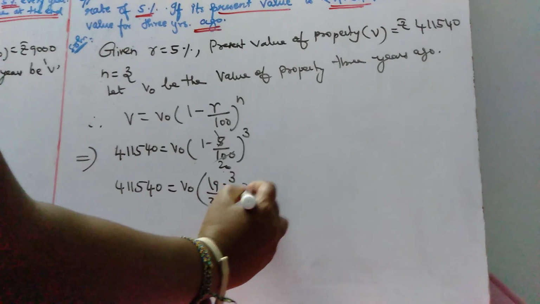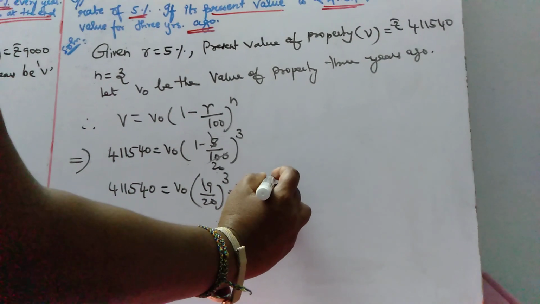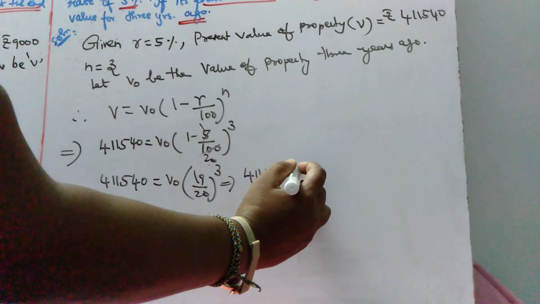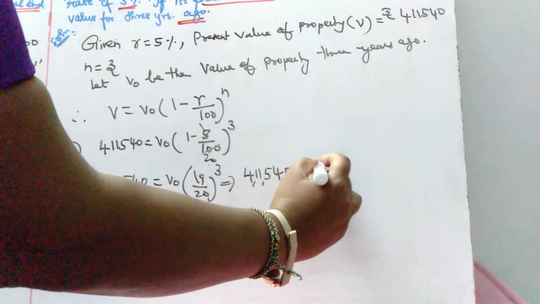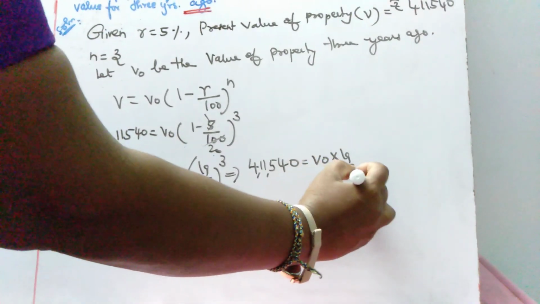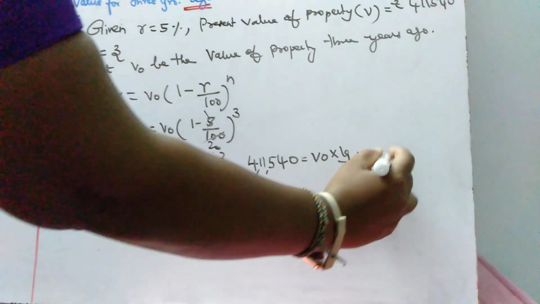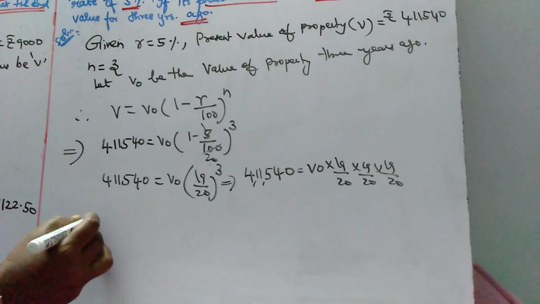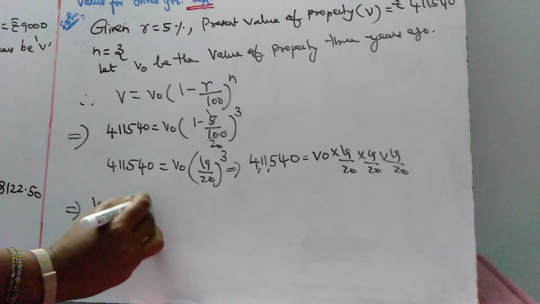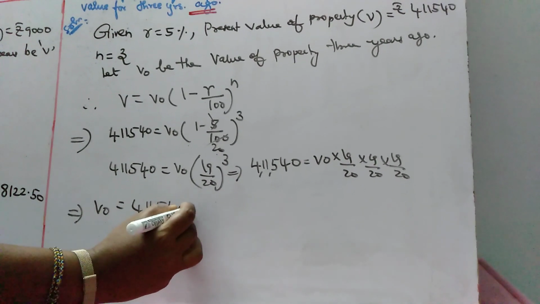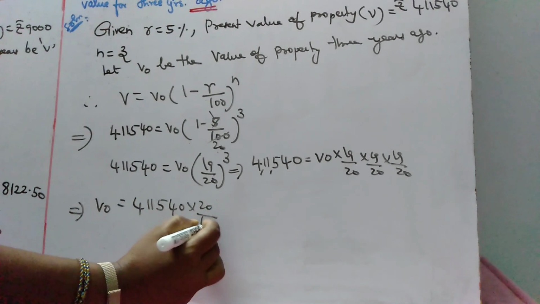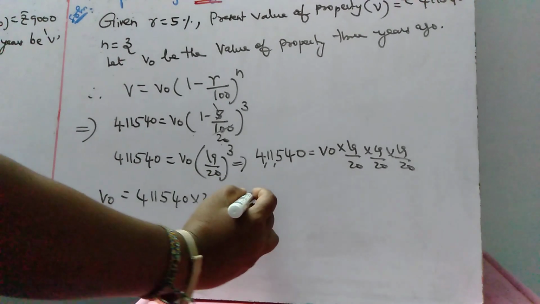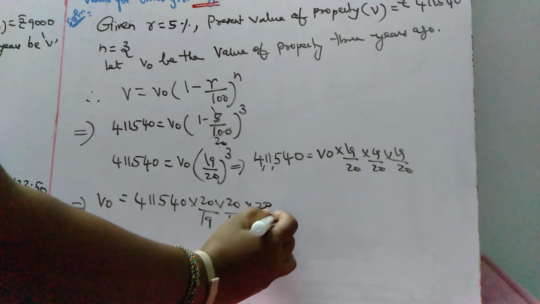Then which implies 4,11,540 equals V naught into 19 by 20 into 19 by 20 into 19 by 20. So V naught equals 4,11,540 into 20 by 19 into 20 by 19 into 20 by 19.